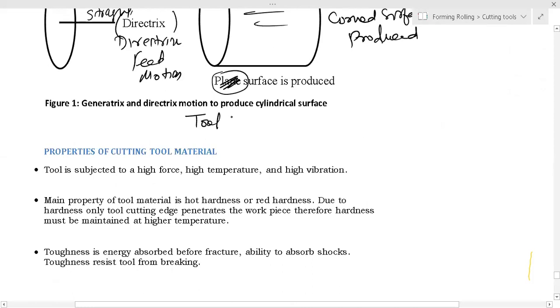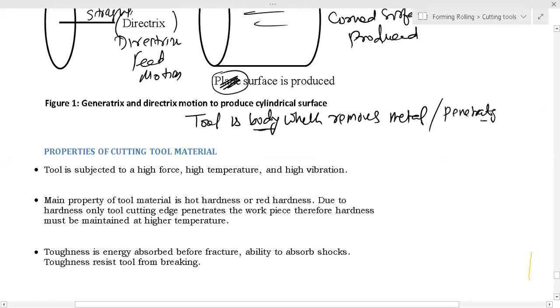A tool is a body which removes metal by penetrating or by cutting. So what should be the property of that body material? What is the tool material property? Now our topic starts: what is the material for a tool?